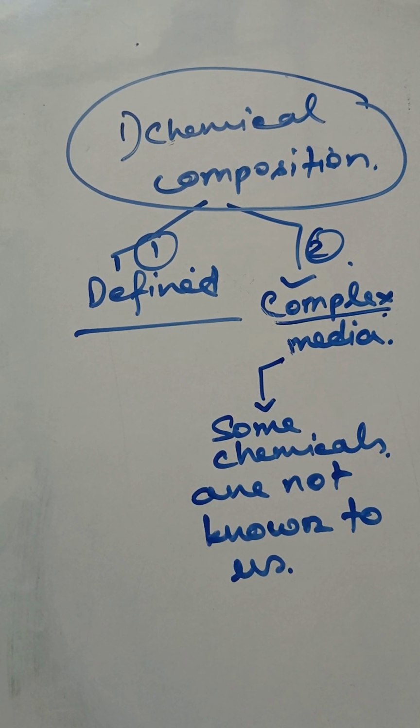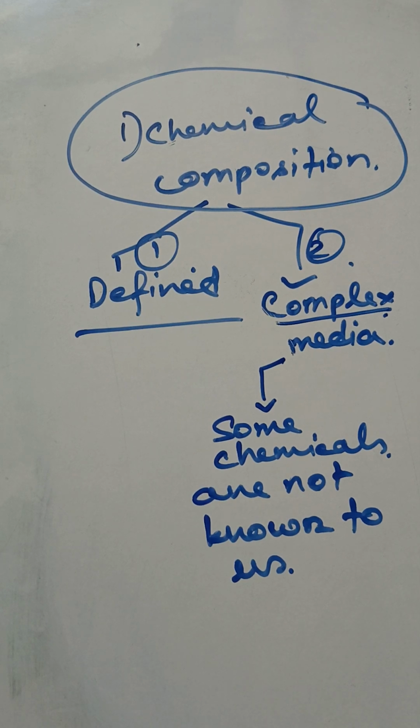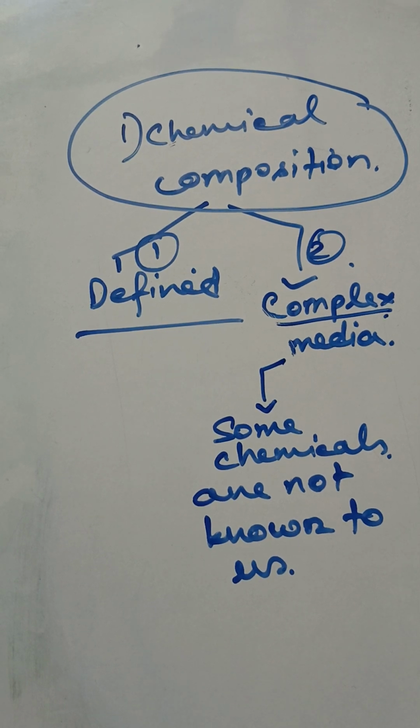That is why the complex media is very advantageous. We require the defined media for sure, but complex media is a very important media, as it can meet the nutrient requirements of many different types of microorganisms, if we want to isolate them from different natural sources, from air, from soil, or from water, like that.